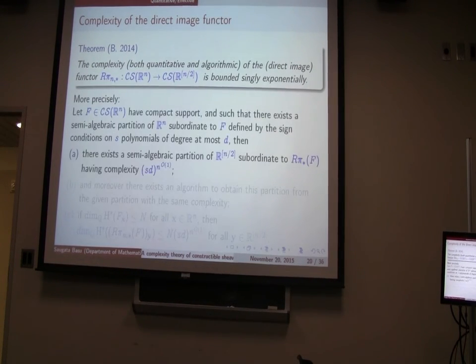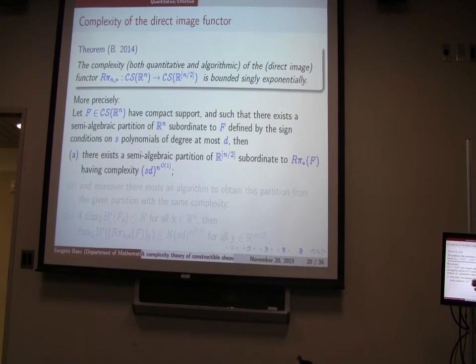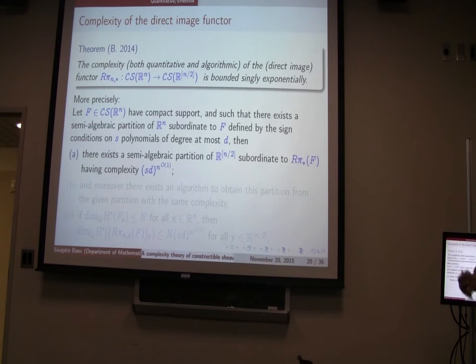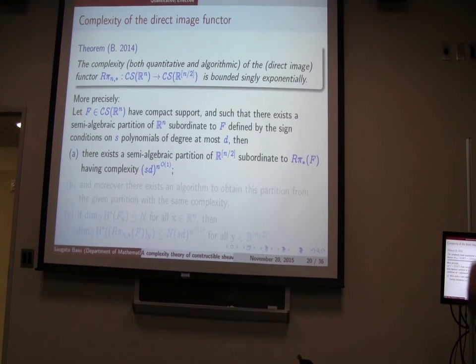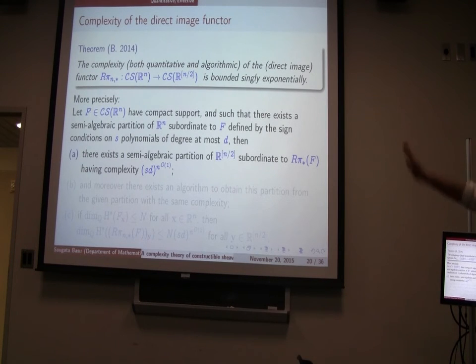Suppose you have a constructible sheaf F in R^n; for technical reasons we need it to have proper support, which is why we consider in this theorem sheaves not over R^n but over spheres, where proper support is automatic. But let's forget about this technicality.